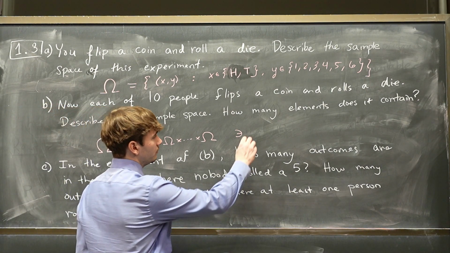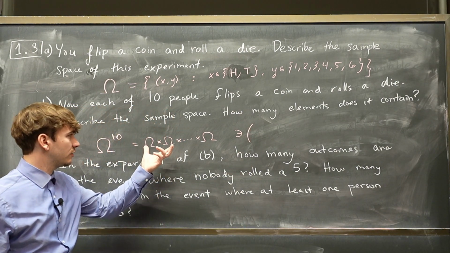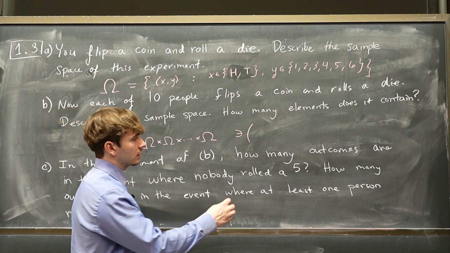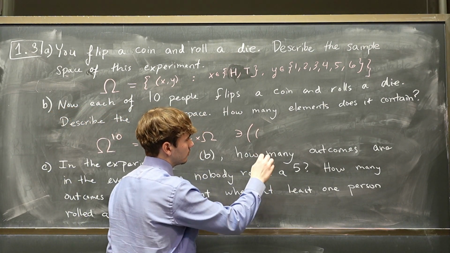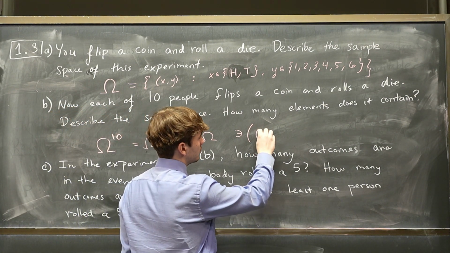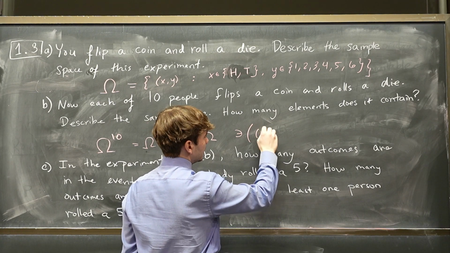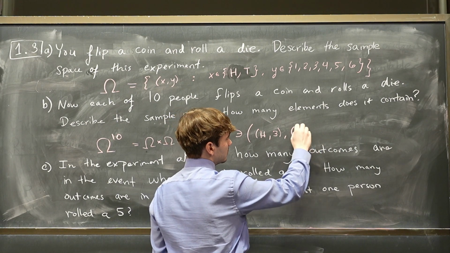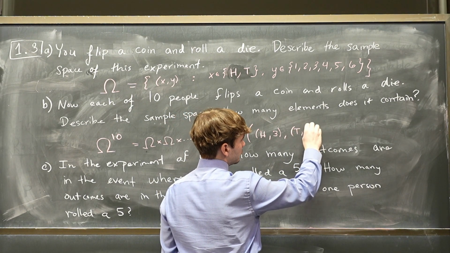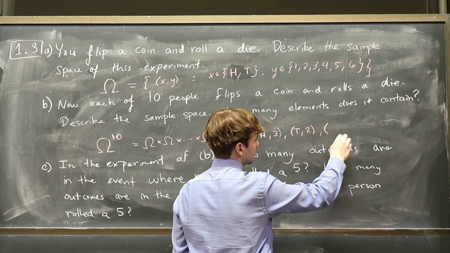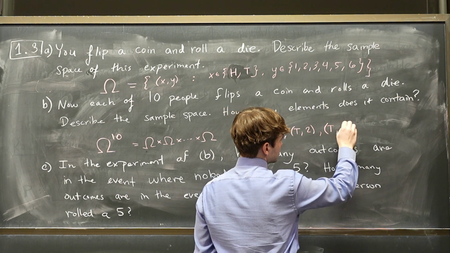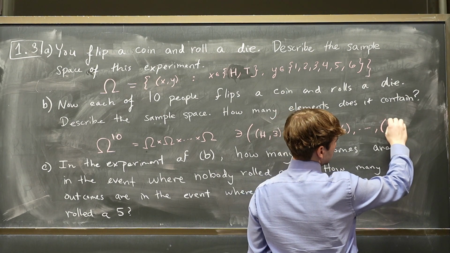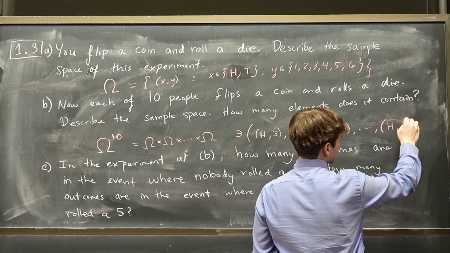So, for example, an element of this Cartesian product might look like, say, the first person flipped heads and rolled a 3. The second person flipped tails and rolled a 2. Third person, let's say, flipped tails and rolled a 6, etc. And then the 10th person, let's say, flipped heads and rolled a 1.